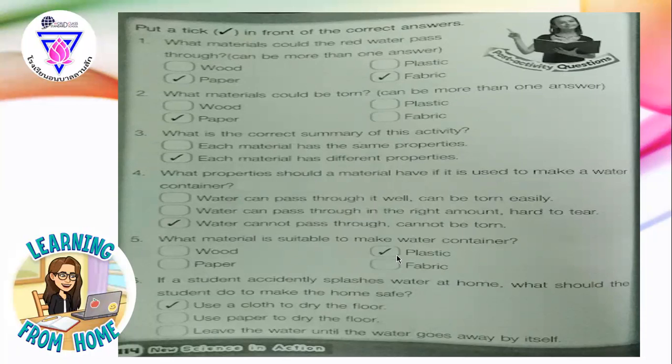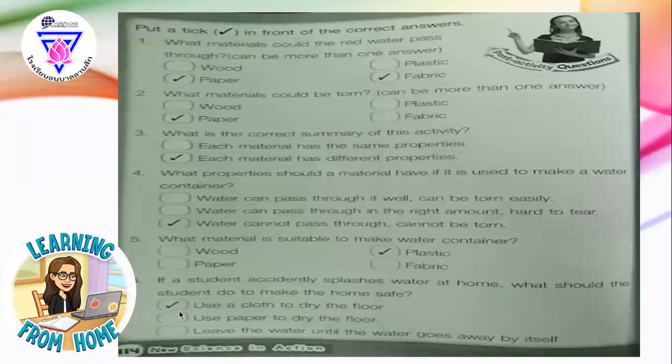You just follow where I put a tick, which word or which sentence. Again, number 6, if a student accidentally splashes water at home, what should the student do to make the home safe?